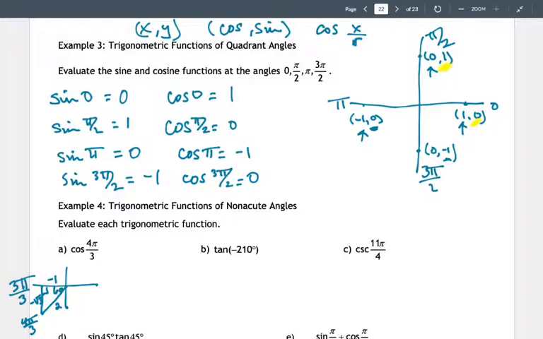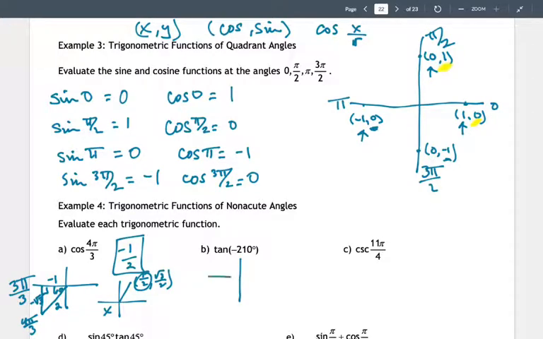Cosine is adjacent over hypotenuse, so it's negative 1/2. Or if you have your unit circle memorized, over here where our 60-degree reference angle is, that's the ordered pair (1/2, square root of 3 over 2), so it's the x value on the unit circle. And remember that you're in this quadrant, and cosine would be negative in that quadrant. So cosine of 4 pi over 3 is negative 1/2.